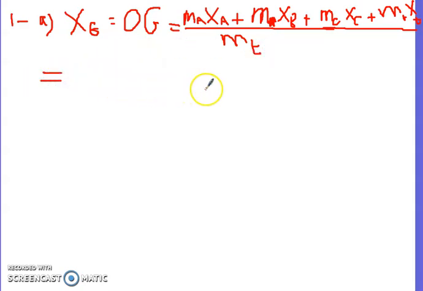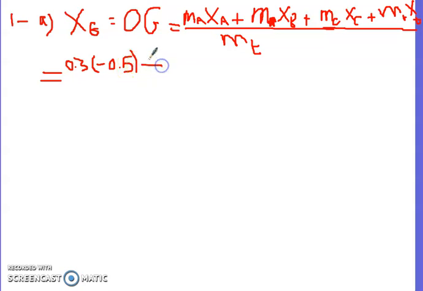So you have to be careful about the abscissa. It could be positive or negative. For example, for A, the mass of A is 0.3 kilogram, it is 300 gram. But the abscissa is minus 50 centimeter, meaning minus 0.5 meter, right?